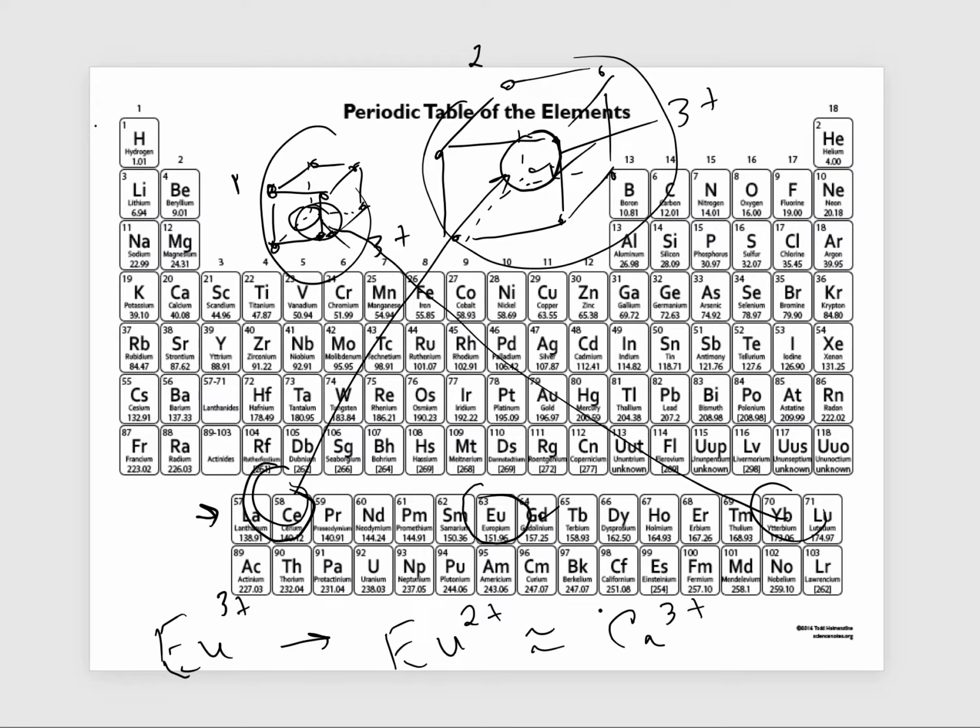So calcium, that should also be 2+. Europium and calcium can easily substitute for one another in various kinds of crystal structures if europium is in this 2+ state. If there's a lot of oxygen around, though, pulling away electrons, then europium will be in the 3+ state, and it won't be able to make that substitution because it will be the wrong charge.